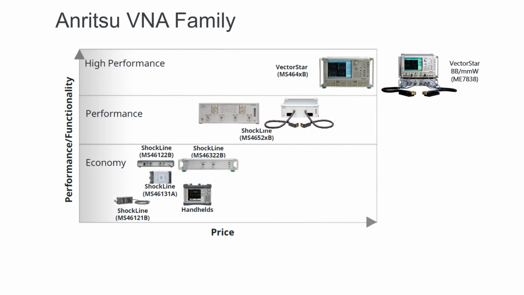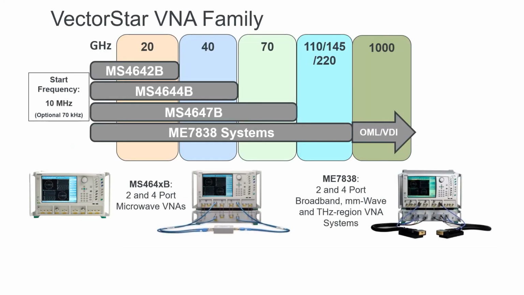But we're using VectorStar today because we're going up to 70 gigahertz, and it's also possible to extend even higher with millimeter wave extenders to 110 gigahertz, 145, and even 220. We're the only company that has a single sweep vector network analyzer from 70 kilohertz all the way up to 220 gigahertz. So a lot of these concepts we're talking about can be extended into higher frequencies.